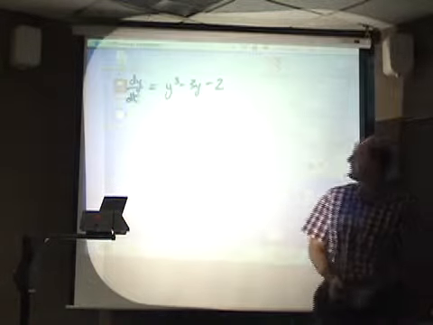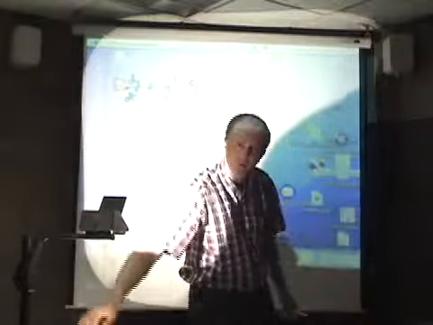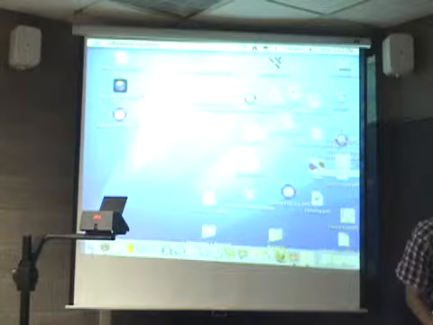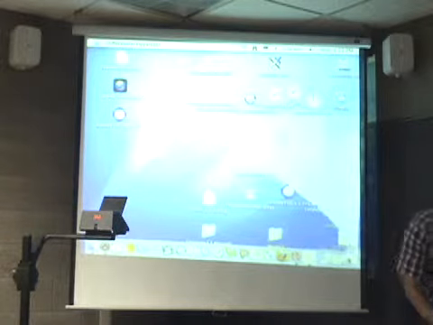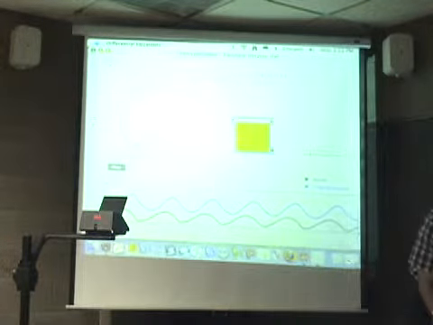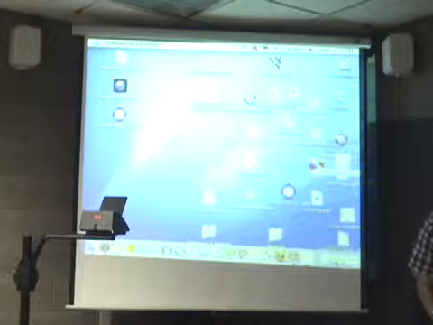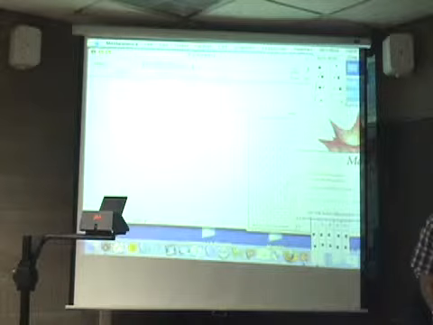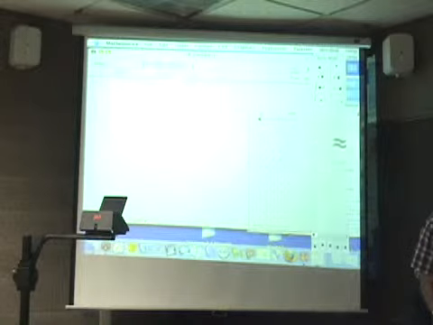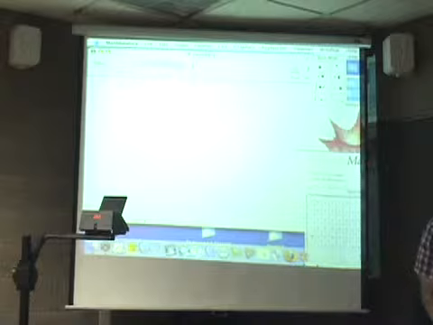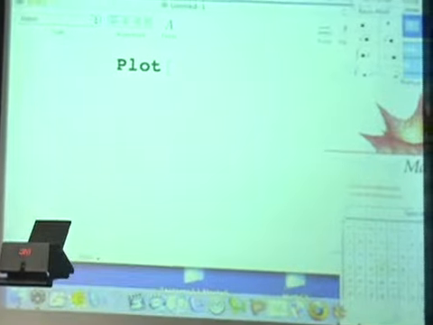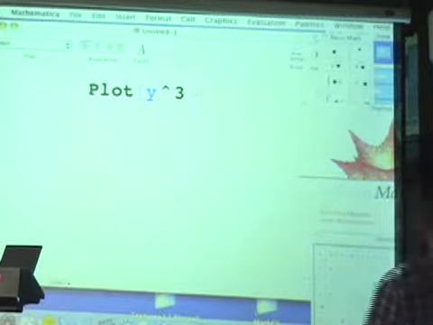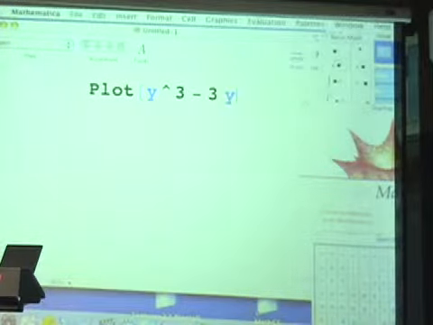You could use your graphing calculator, or you could use Mathematica to graph this function that's on the right-hand side of the differential equation. With the plot command, y cubed minus 3y minus 2.